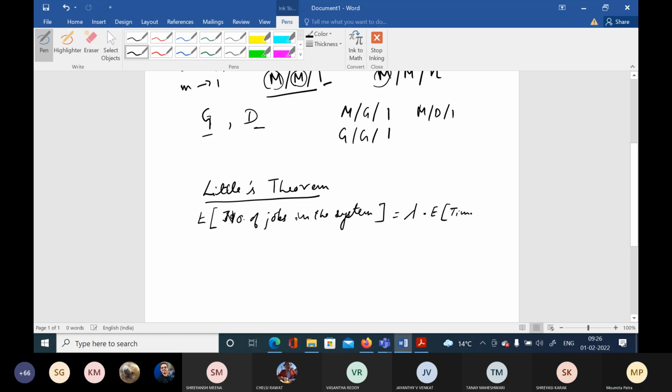So time spent in the system. We have to prove it. Okay, so this is the Little's theorem. You can also consider it as: average number of jobs in the queue is equal to arrival rate times the average amount of time spent in the queue. Sorry. Okay, so this is the Little's theorem.